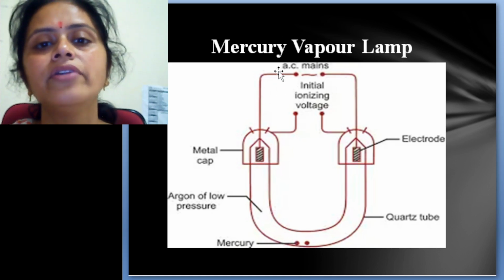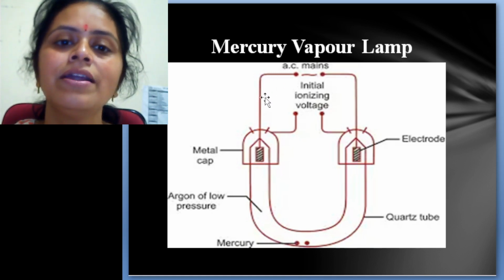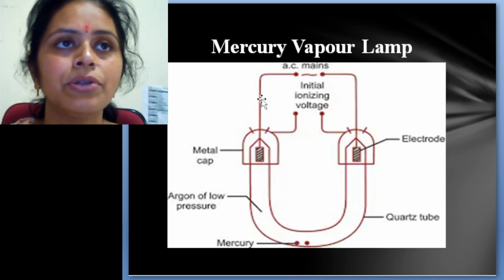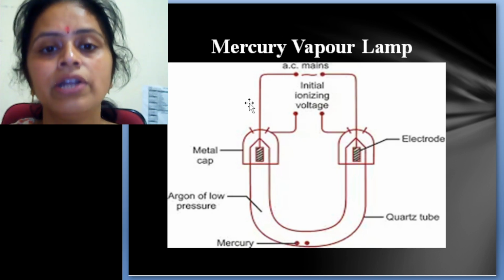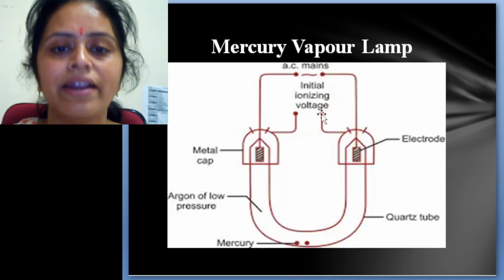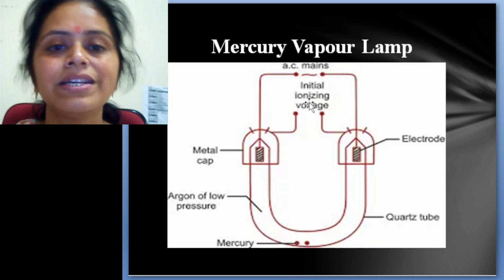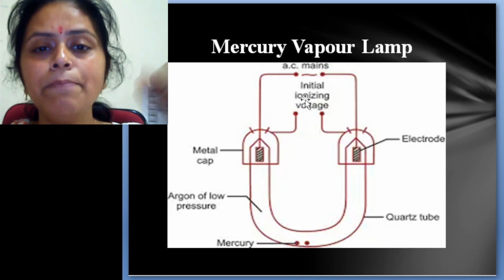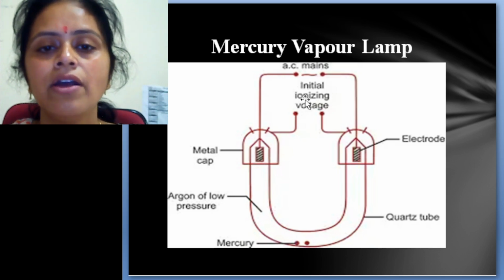So this 220 volt current, when it gets into the step-up transformer, is converted into 400 volts. Now this 400 volts is what we call the initial ionizing voltage. This is basically a spark. Whenever you switch on the machine, it sparks and immediately gives a 400 volt current.